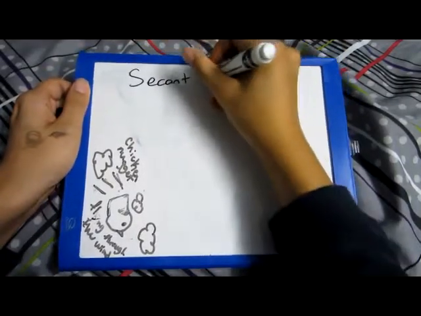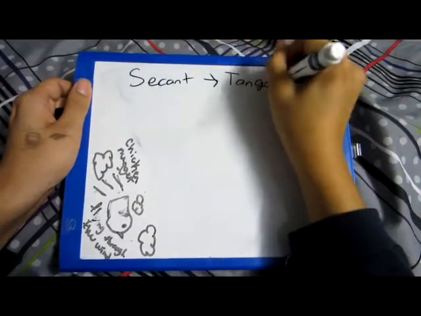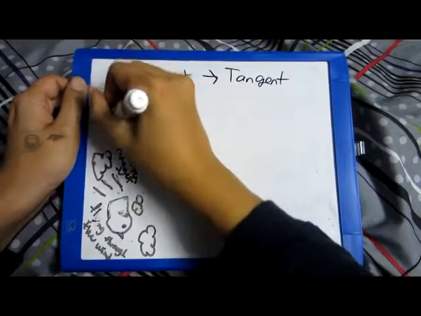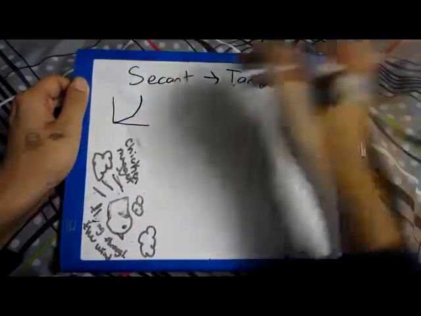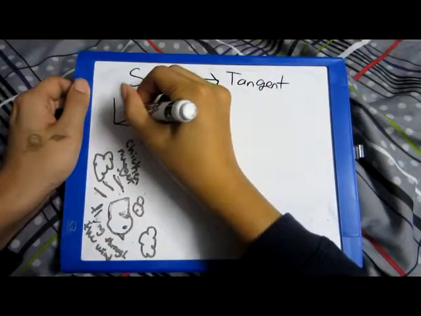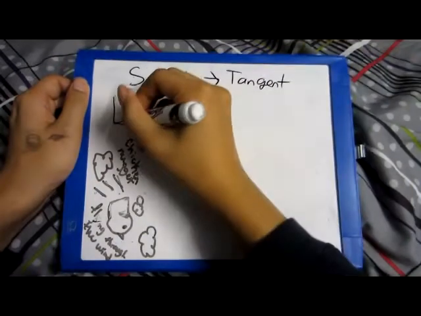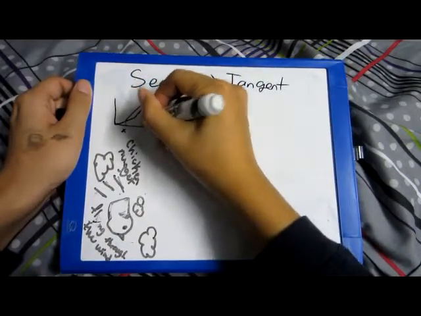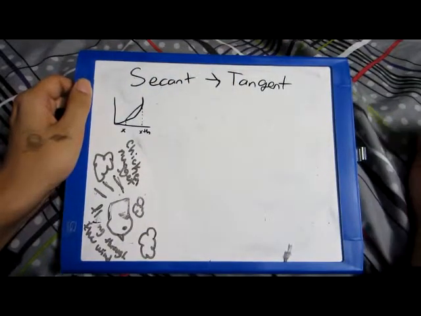Okay, so in this demonstration, we're showing how the secant line becomes the tangent line to the curve. So we start off with the graph of our initial secant line, and our goal here is to use the difference quotient formula to find the derivative, or the instantaneous slope.